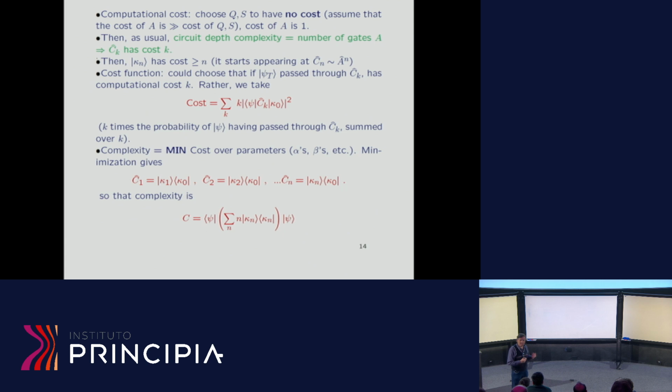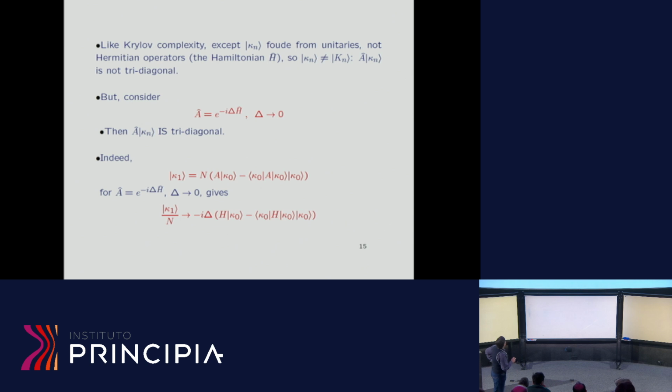And now suddenly this starts to look like the formula of Krylov complexity, which was an algorithmic formula in the Krylov basis, right? This would be exactly the Krylov formula, except I have this basis little kappa n instead of big Kn. It's like the Krylov complexity, except I have this basis, which is found from unitary transformations.